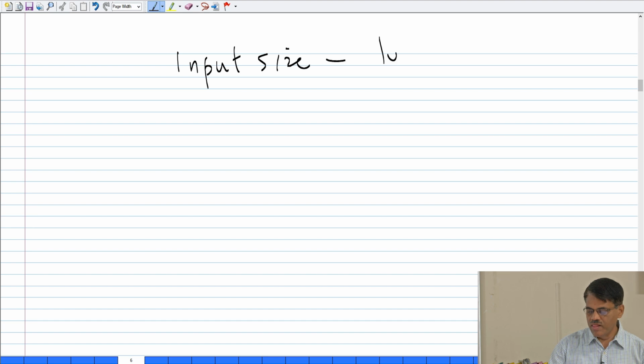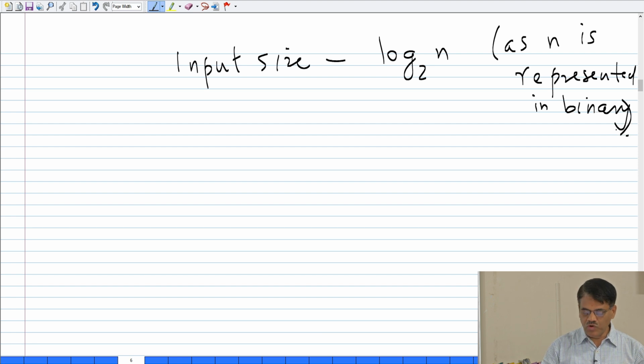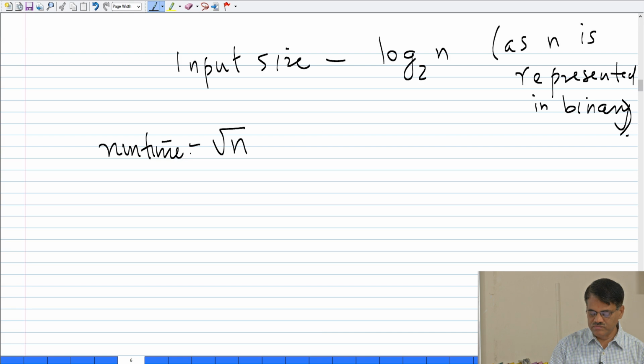So, what is square root of n, which is the runtime of the algorithm? It is actually 2 power half log n.